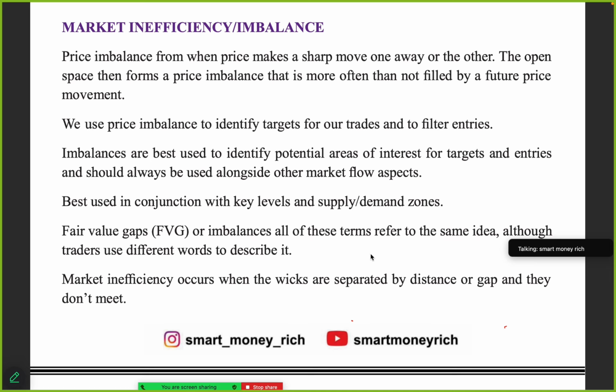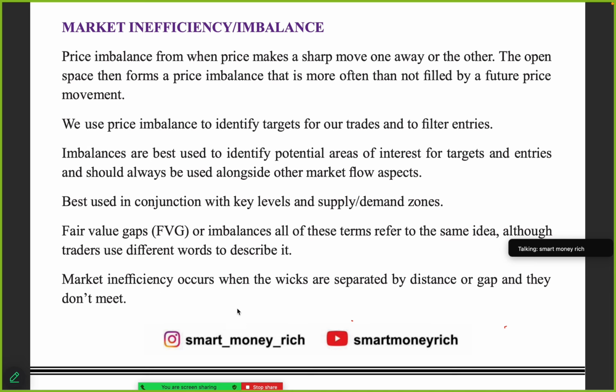Some traders from the ICT will say FVG, some traders from smart money will say imbalance, some traders from somewhere will say market inefficiency. But you have to understand that they all mean the same thing, depending on who is teaching you. I use imbalances. It's as simple as that. Fair value gap is too long for me. I just use imbalances.